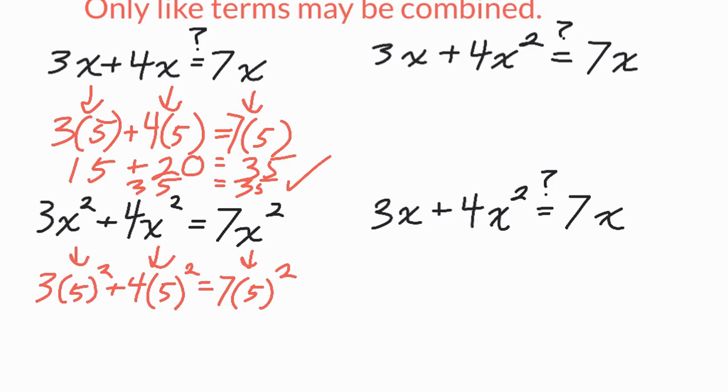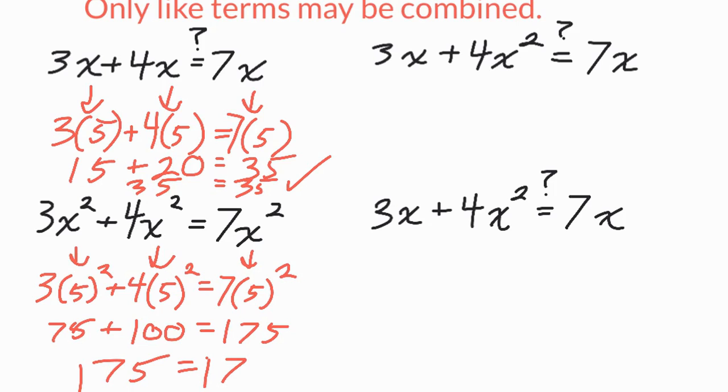So I have here 3 times 25, which is 75. 4 times 25 is 100. And 7 times 25 is 175. So on the next line, I'm going to write 75 plus 100 equals 175. 75 plus 100 is 175, so I have 175 equals 175, so yes, that checks out.